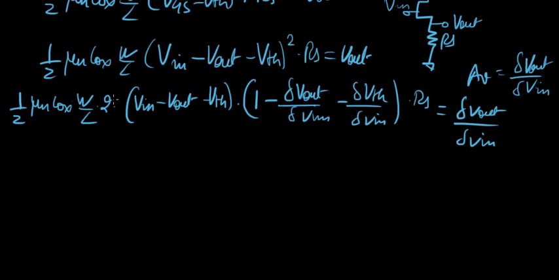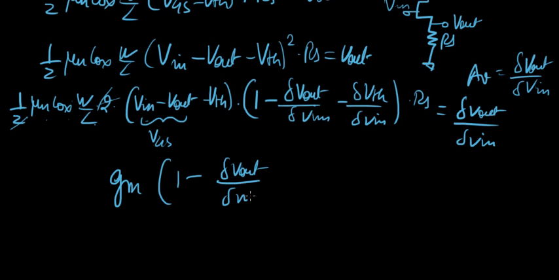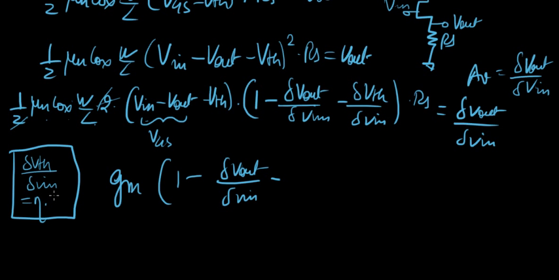So first of all, 2 and 2 cancel. Then mu n C ox W over L times VGS, this is effectively VGS minus VTH, is what? GM, right? So GM, the entire term is gone, see? So 1 minus del V out over del V in minus del VTH over del V in, right, is nothing but eta times del V out over del V in.